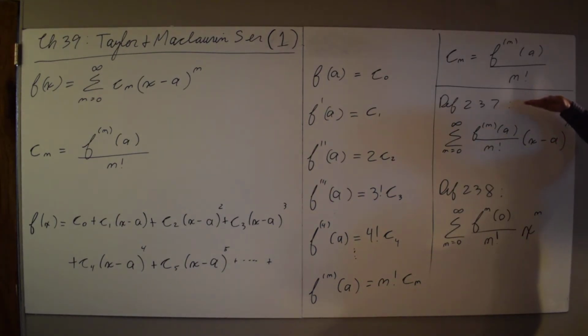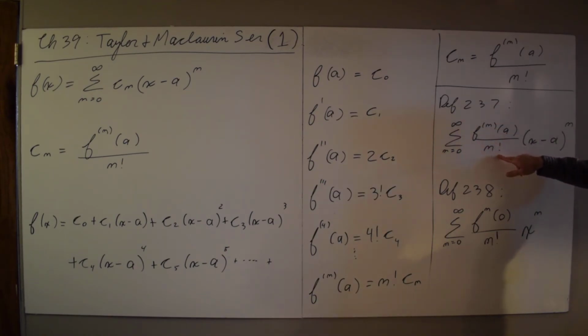Definitions 237 and 238 are the definitions of the Taylor and Maclaurin series. So assuming your function f is infinitely differentiable, in other words, you can take derivatives of any order, you can take all the higher order derivatives that you want, this is the Taylor series.